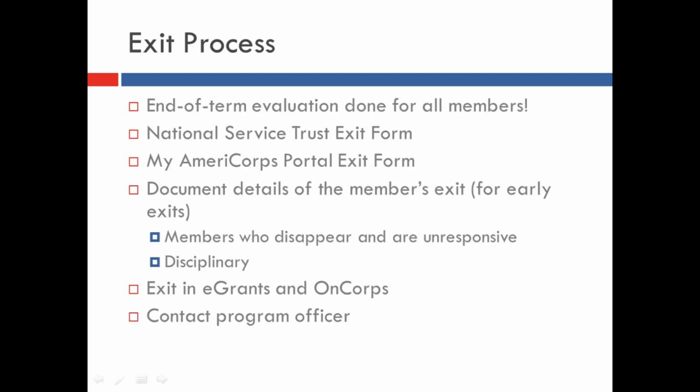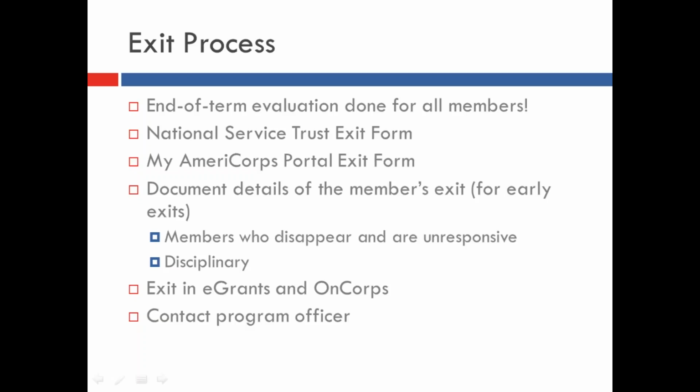And eGrants is determining the expected end date to be 1 year from when the member starts. So if a member starts in February, it'll expect the member to end in February of next year, which is obviously not reasonable. So you'll have to manually open the exit form for them.